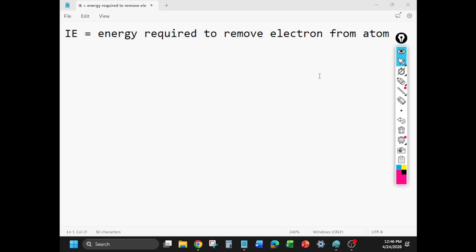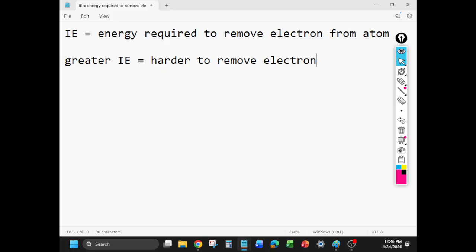Okay, I'm going to explain a lot right now just so that you guys have a lot of different ways to think about it, depending on how your brain works and how it understands it. If you have a greater ionization energy, it's harder to remove the electron. So the bigger the ionization energy, the harder it is to remove it.